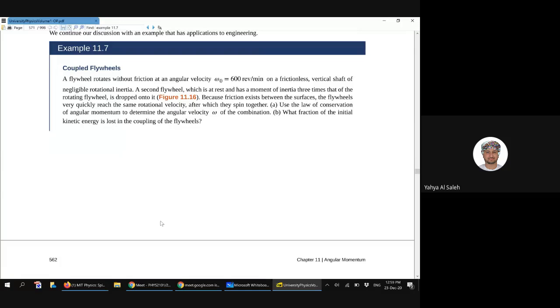Now, because there's friction between the surfaces, the flywheels will very quickly reach the same rotational velocity, after which they spin together. Yes, I depends on the R. You are correct, Mariam.